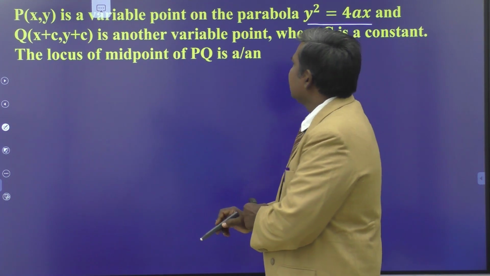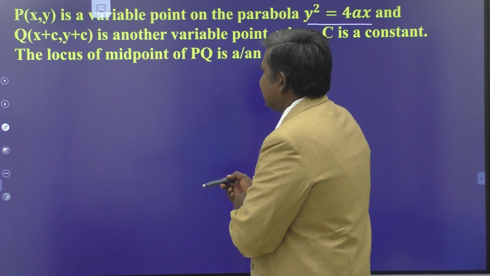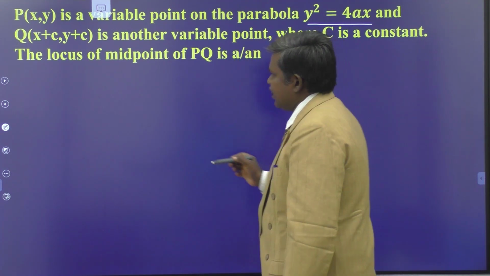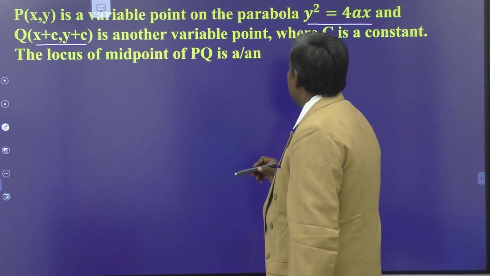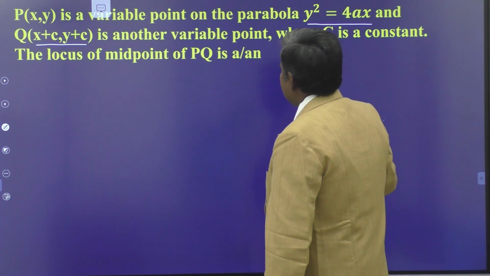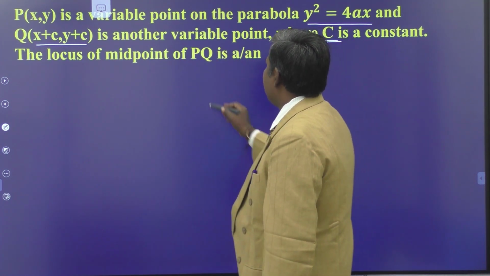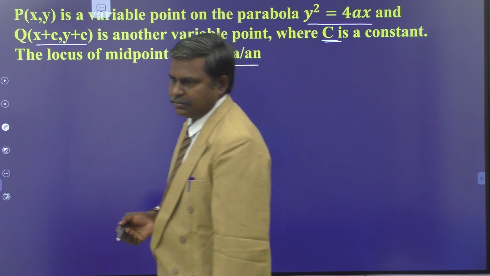It is varying on y squared equals 4ax. And Q(x plus c, y plus c) is also another variable point. So there are two variable points on y squared equals 4ax given to you, where c is a constant.